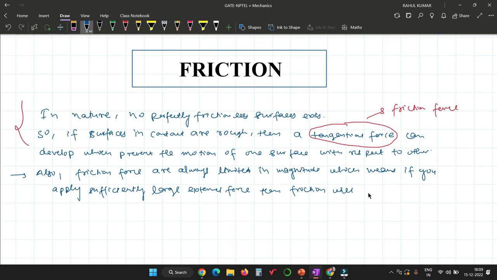Can you tell me what will happen? It will start to move. Yes, friction will not prevent the motion.